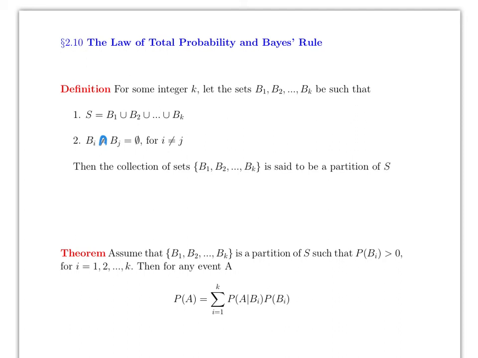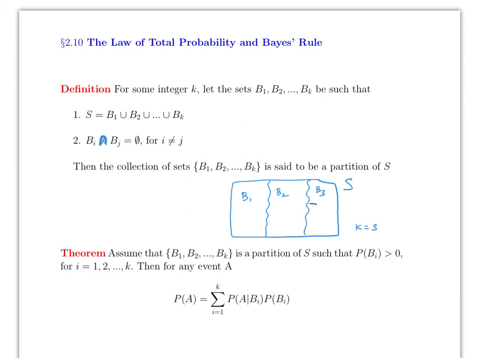Okay, so what this means is the following: you have a sample space S, and you're gonna cut it in 3, 4, 5, 6, whatever the value for k is. So let's say k is 3. So this will be b1, this will be b2, and this will be b3. So notice that they are mutually or pairwise disjoint.